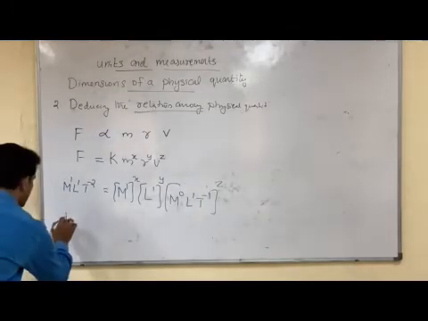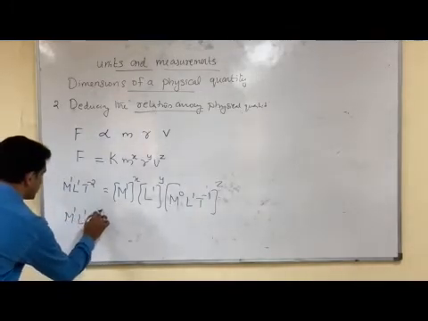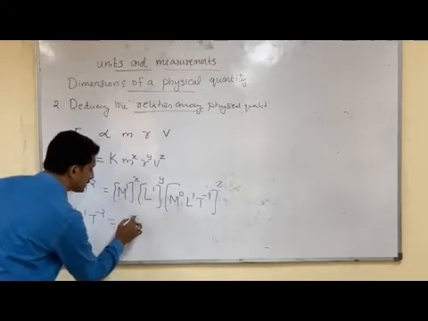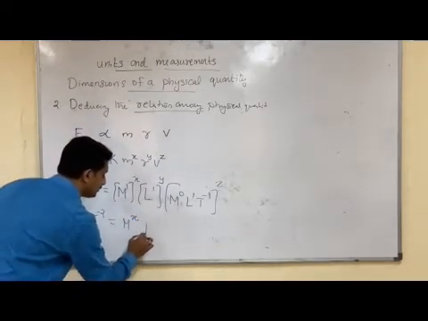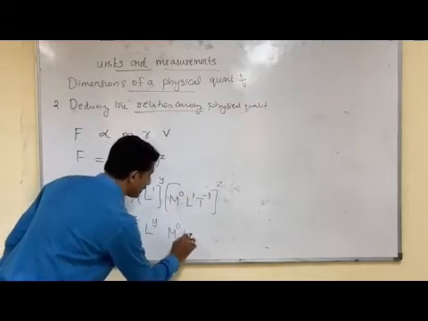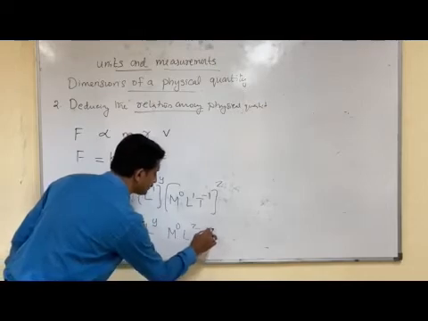Now we can rearrange this equation: M raised to 1, L raised to 1, T raised to minus 2 is equal to M raised to x, L raised to y, and now opening this bracket, M raised to 0, L raised to z, T raised to minus z.